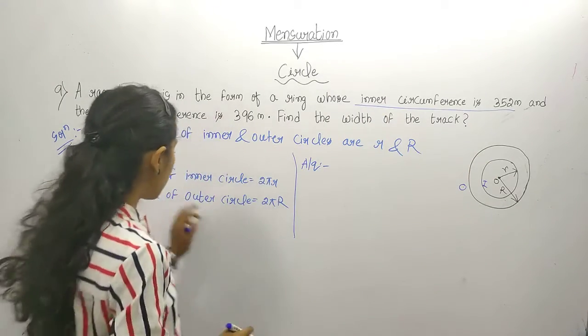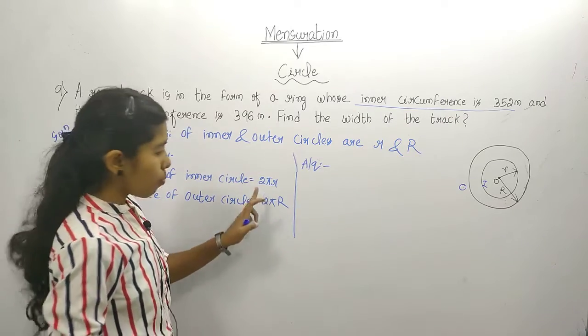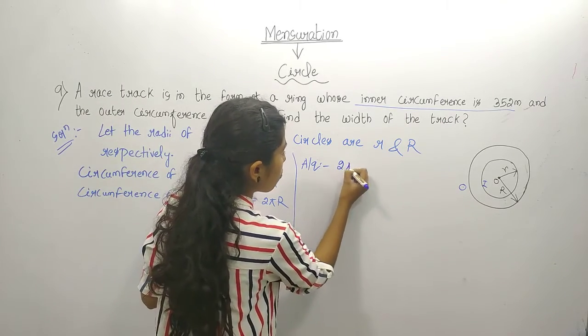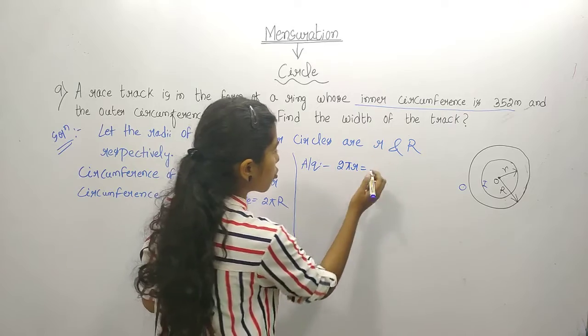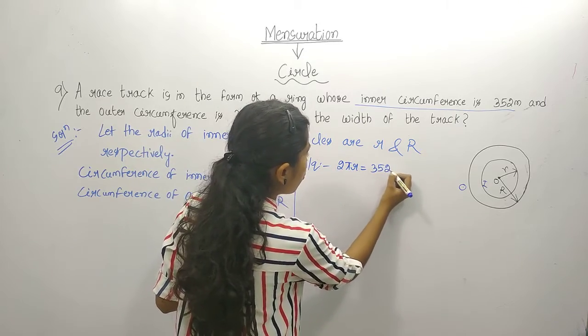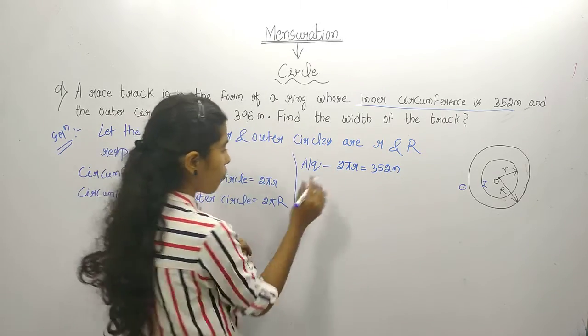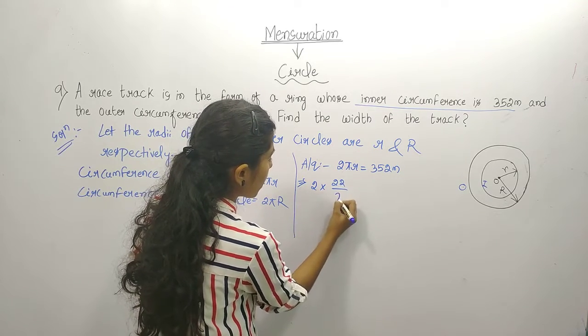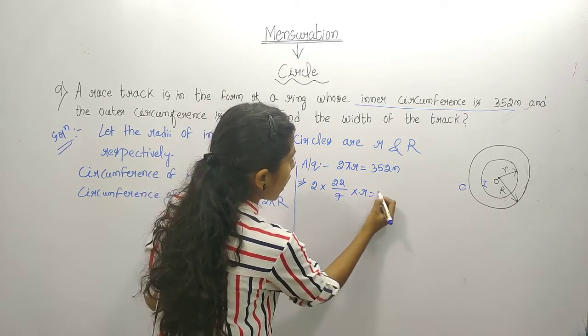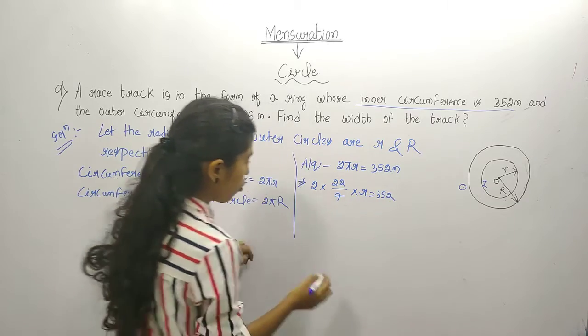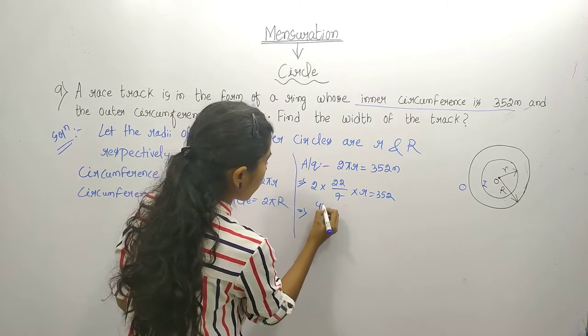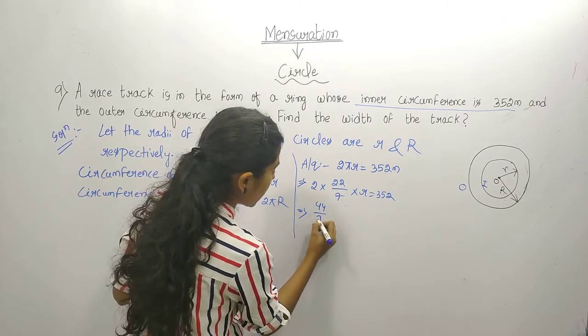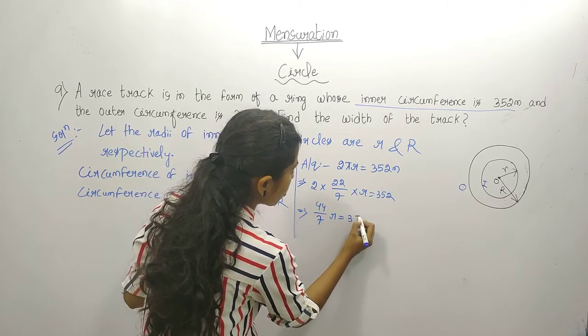352 meter. Inner circumference is how much? 2 pi small r. So 2 pi small r equals 352 meter. So that implies 2 into pi, which is 22 divided by 7, into small r equals 352. So 2 into 22 is 44 divided by 7, r equals 352.